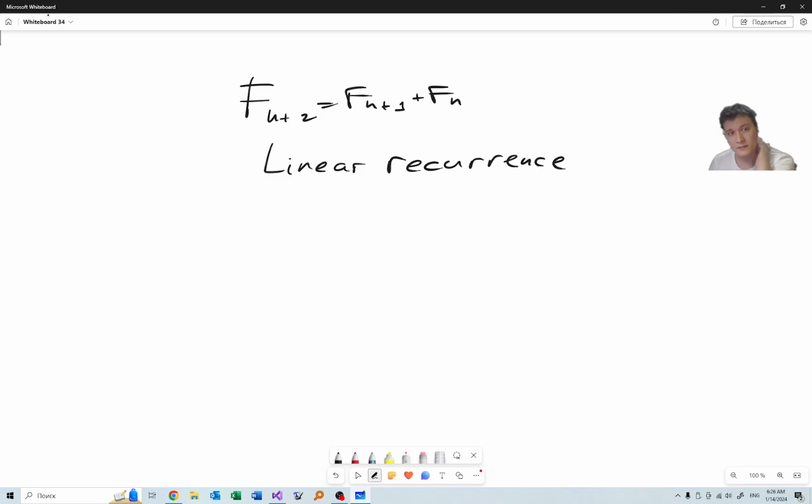What's so interesting about linear recurrences is that while this equation is linear, the growth of this number is usually exponential. Moreover, you can even find the exact formula, which is called the Binet formula. Well, Binet is a French person, so I think it's Binet.